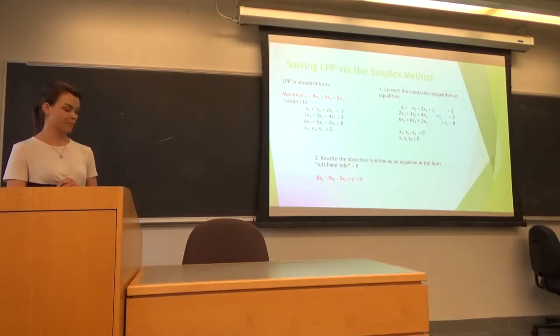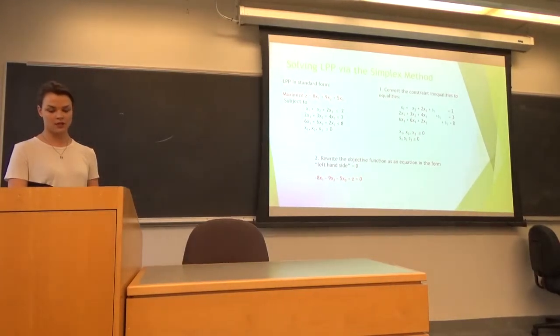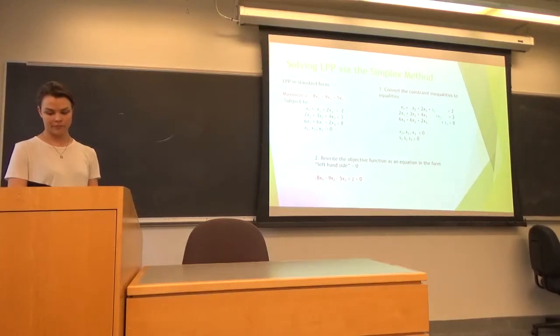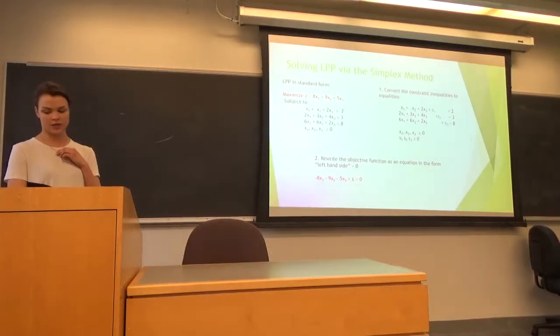Then we would rewrite the objective function, setting everything on the left-hand side, and we place this new objective function at the bottom of the matrix. And then we're going to place the system of equations with the constraints and the slack variables into a matrix.